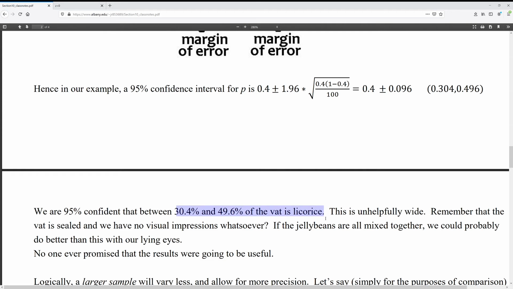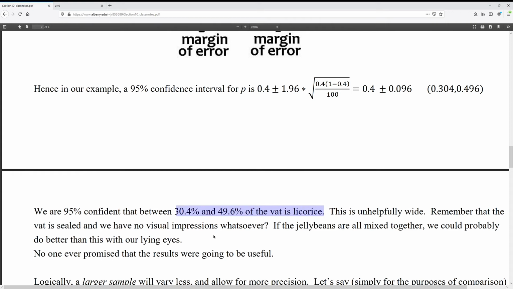Now, bear in mind, we could do better than that with our lying eyes, right? The licorice ones are not hard to find. They're the black ones, right? So remember I said that the vat was totally sealed, totally opaque, and we had no visual impressions whatsoever? Even with all the jelly beans mixed together, with our lying eyes, we could probably do better than somewhere between 30% and half the vat, right?